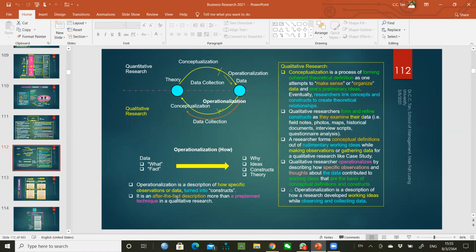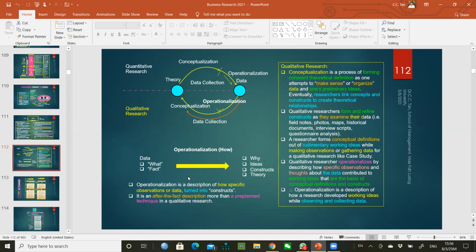Why does this happen? What kind of ideas are involved in these data scripts and observations? What kind of possible theories can we extract, and what kind of factors or variables can we extract from the data scripts?